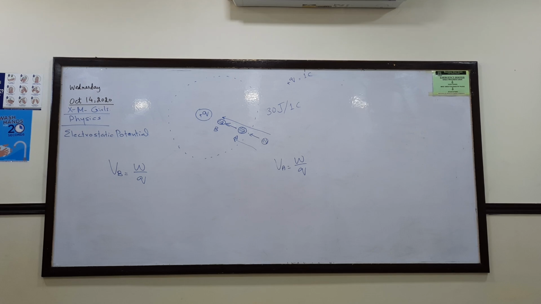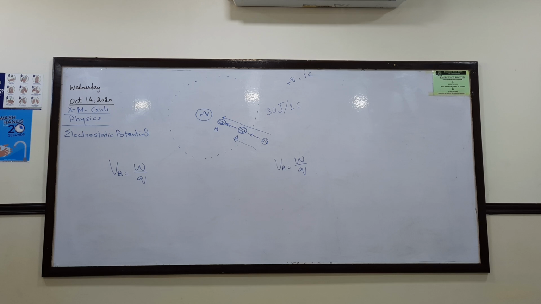If W is the work done in moving a positive charge Q from infinity to a certain point in the field, the electric potential V at this point would be given by W by Q. It implies that electric potential is measured relative to some reference point, and like potential energy, we can measure only the change in the potential between 2 points.